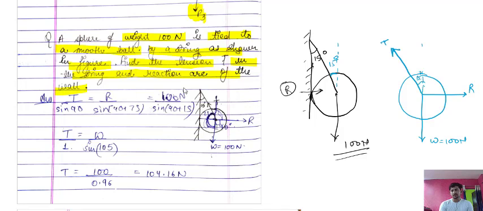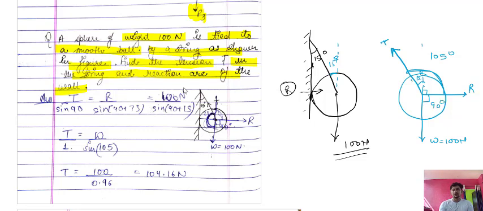So this is 15 degrees and this is 90 degrees. So this angle will be 90 plus 15, that is 105 degrees, and this angle is 90 degrees.